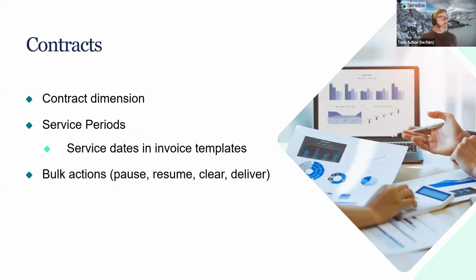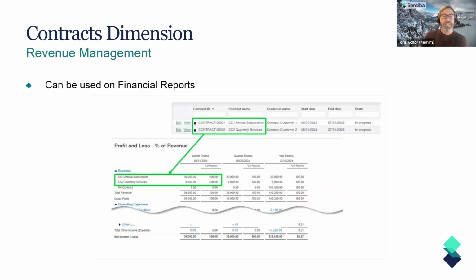In contracts, we have some cool improvements. The contract dimension actually doesn't belong under contracts per se, because the contract dimension is now available for any organization that's subscribed to revenue management. There are different levels of revenue recognition capabilities in Sage Intacct. At the most basic level, you can subscribe to revenue management and do it through the order entry module.